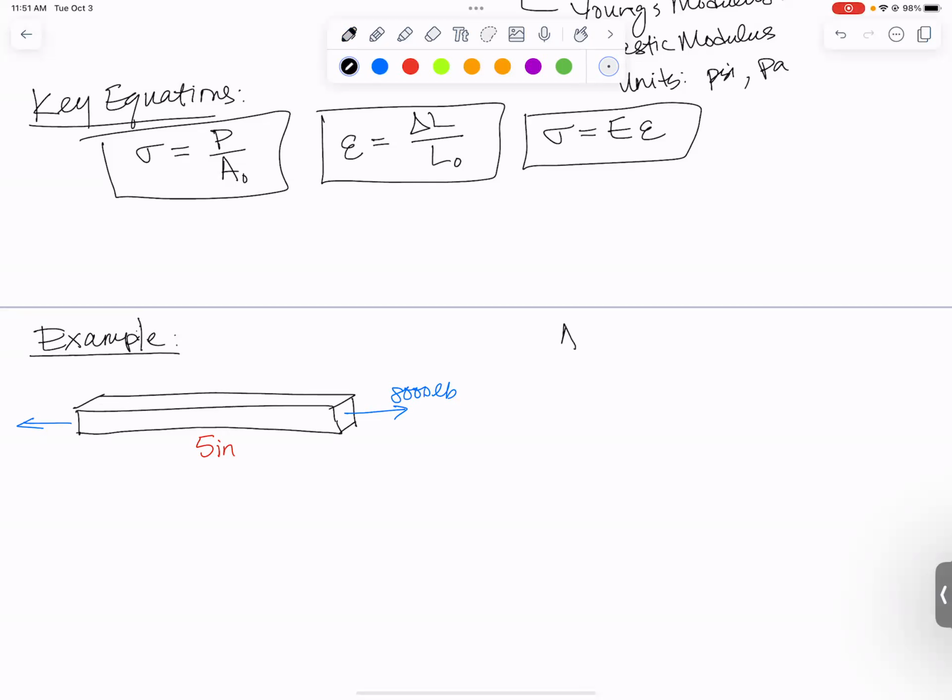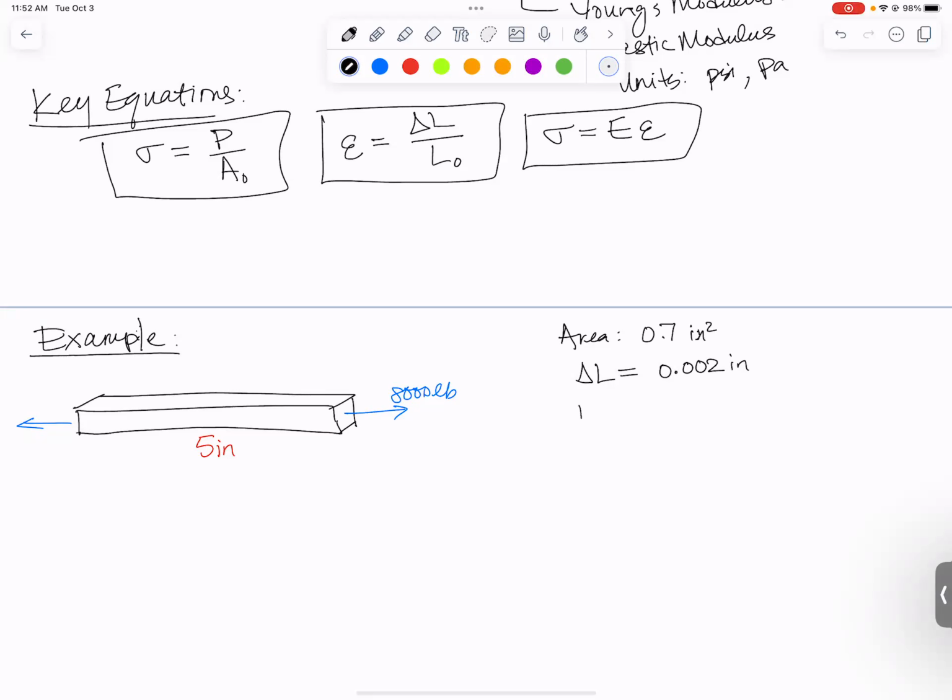We're told that the cross-sectional area of this bar is 0.7 square inches. And we are told that under this 8,000 pound load, the change in length is 0.002 inches.